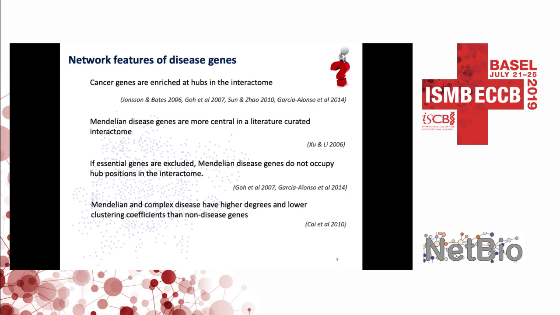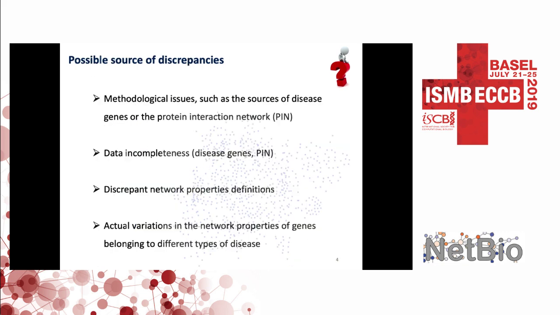Other studies reported on the other side that Mendelian and complex disease genes are central because they have a high degree and lower clustering coefficients, but other studies using different network properties reported the opposite. So in front of these seemingly contradictory results, we have to think about why they are providing results that seem not conclusive.